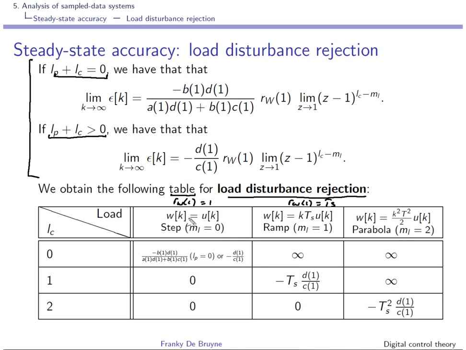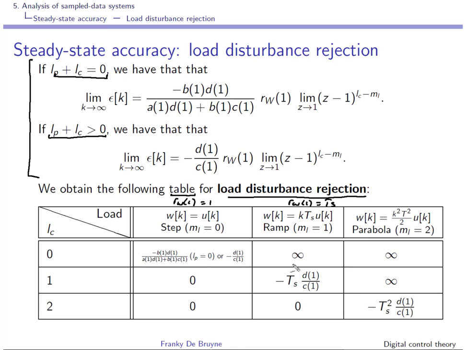So for a step-like load disturbance, if you want to reject it, you have to put at least 1 integrator in the system. If you want to reject a ramp-like load disturbance, then you will have to put at least 2 integrators in the controller.